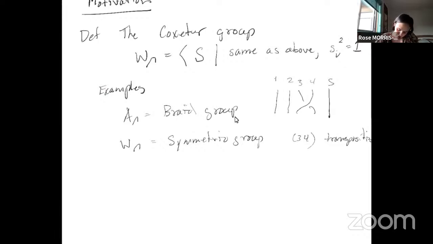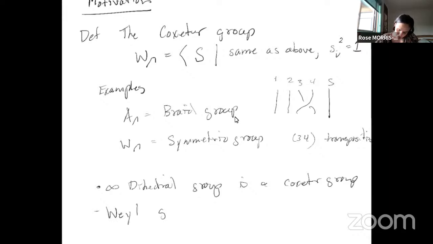The infinite dihedral group is a Coxeter group. Weyl groups of certain Lie algebras are Coxeter groups. Coxeter groups come up a lot when you're thinking about reflections and that kind of thing.